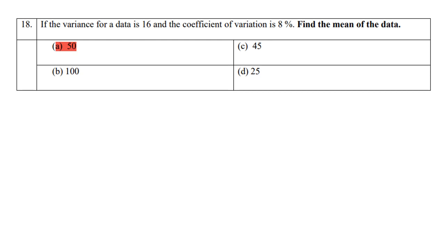If the variance for a data is 16, the coefficient of variation is 8%, then find the mean of the data. Now, what is the coefficient of variation? Let's write it first.